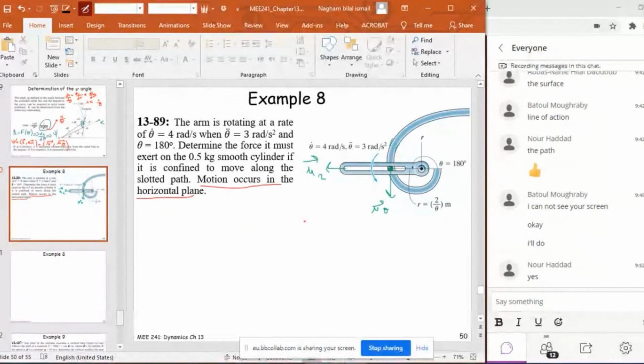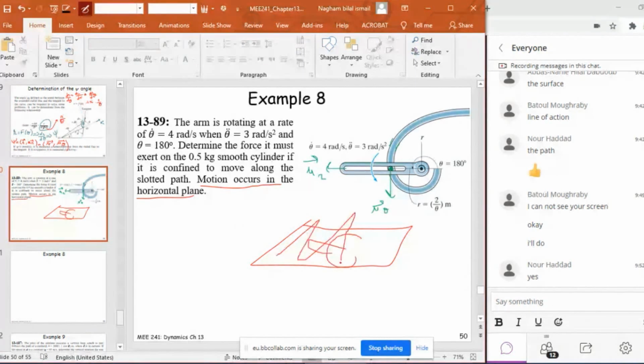What does this mean? This means that if this is my horizontal plane, then this arm, this slot, and this cylinder belong to this horizontal plane. And what is a horizontal plane? A horizontal plane is always perpendicular to Z, to the weight, to the gravity. What does this mean?